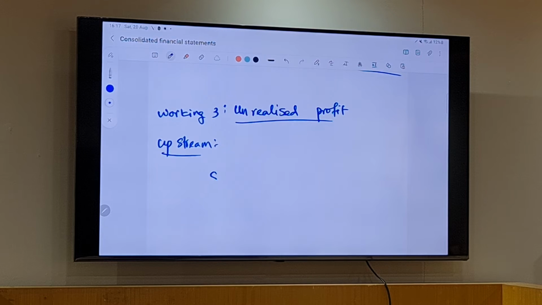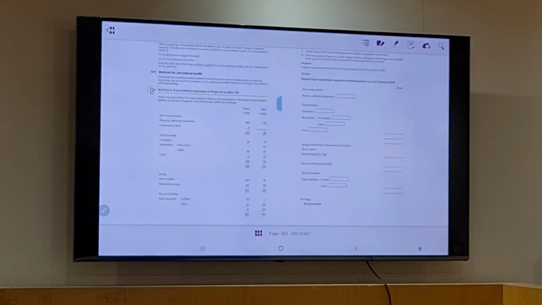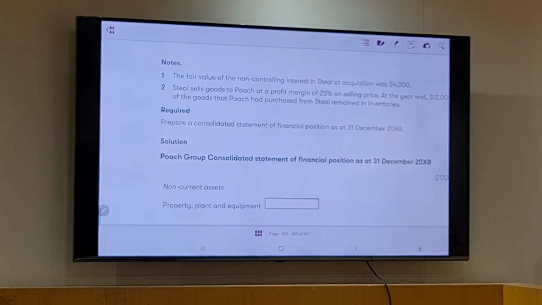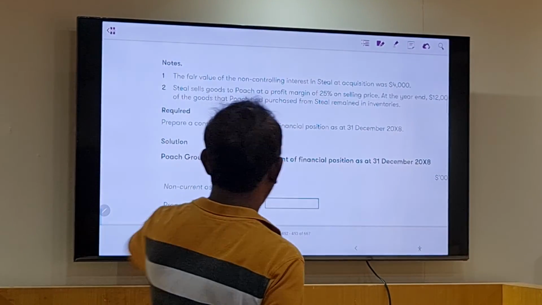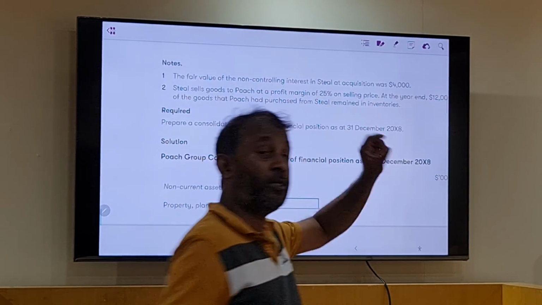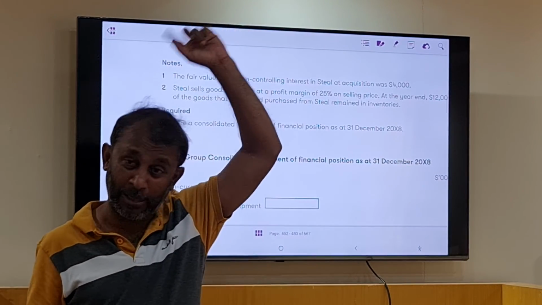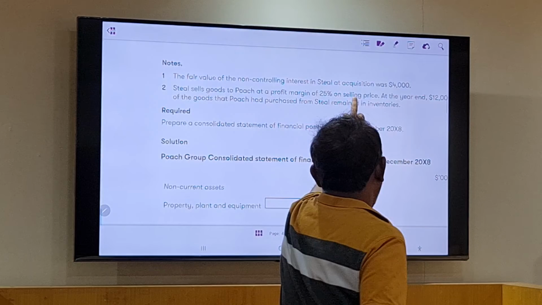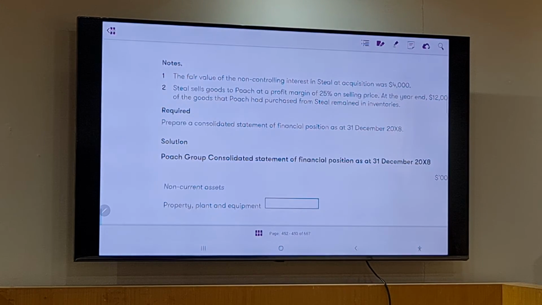S is selling goods to P. S sells goods to P at a profit margin of 25% on selling price. See again, examiner is so kind to you. Why? When they say the word margin, immediately you should think it is from the selling price, but he is saying here on selling price. So that's a double qualification for you.